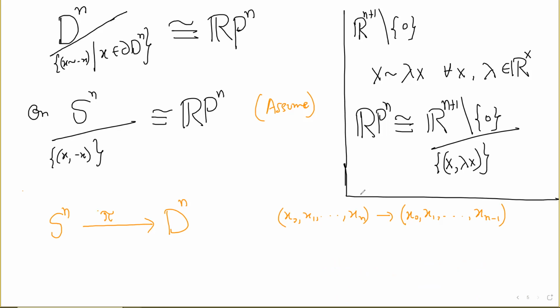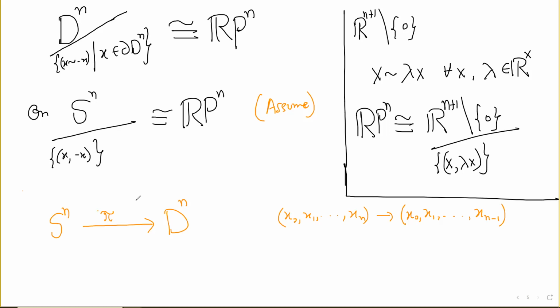All that you have to do. So this is the quotient map. It's probably also a covering map, locally a homeomorphism, which is also clear. Or is it? You're asking why this is a local homeomorphism?